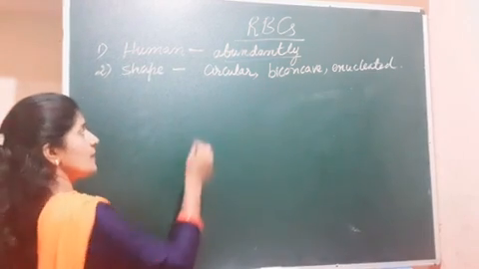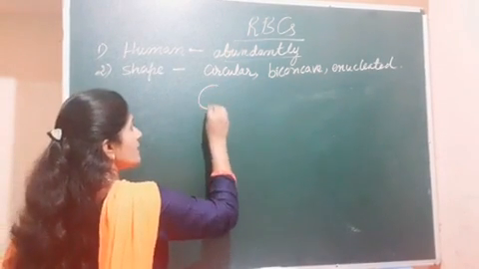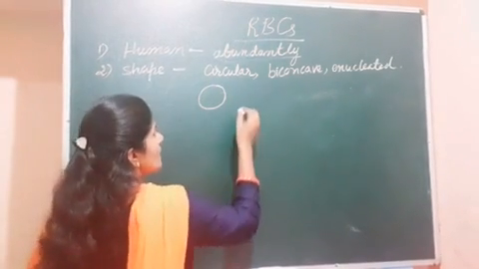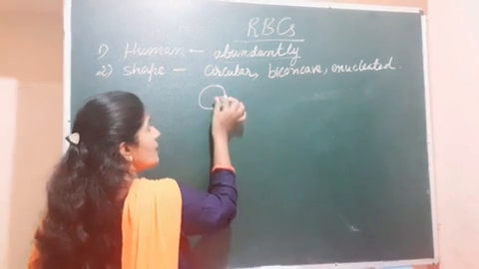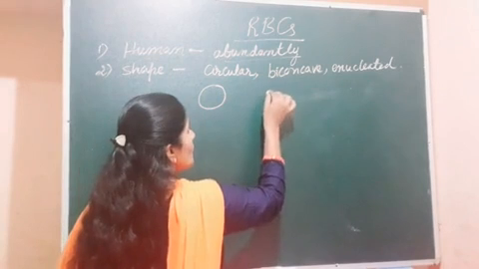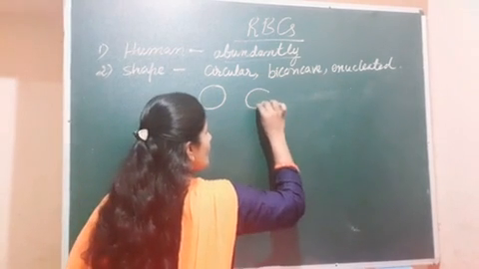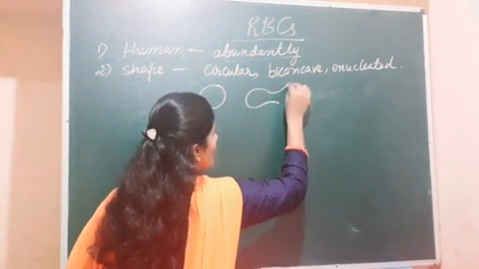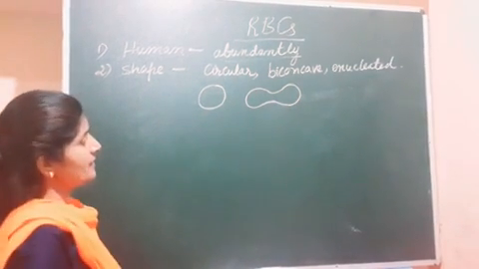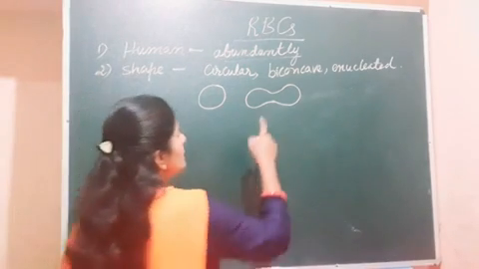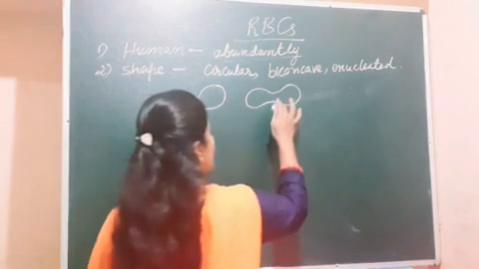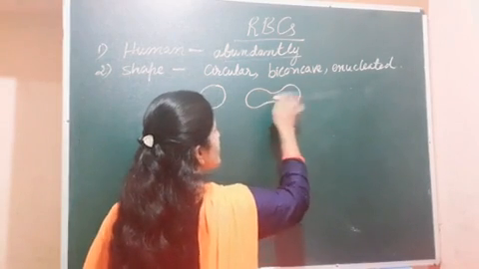Biconcave means these circular cells are a little compressed inside in the center. They look a little compressed, like a dumbbell. And they are enucleated. Enucleated means no nucleus is present.